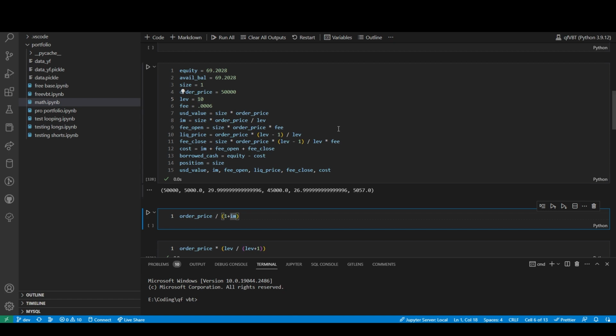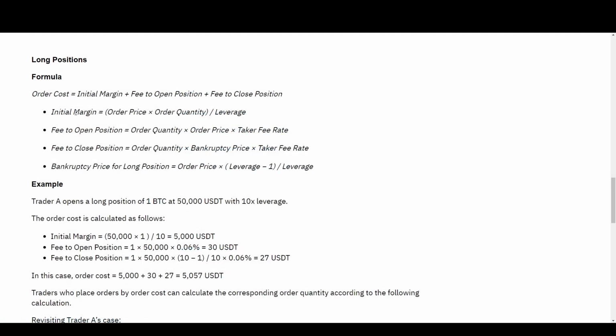Wait, why is this size times order price? It says initial margin is order price times order quantity divided by leverage.